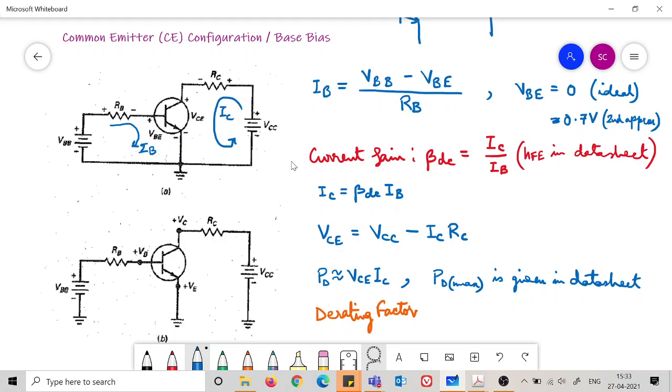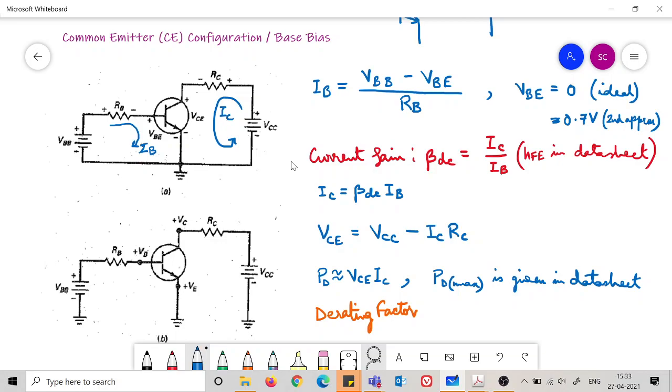You will find a parameter HFE in the data sheet. That is the current gain IC by IB, which we call beta or beta DC. This means that in the transistor, if we have some base current, then the collector current will be beta times the base current. This is as per construction of the transistor.